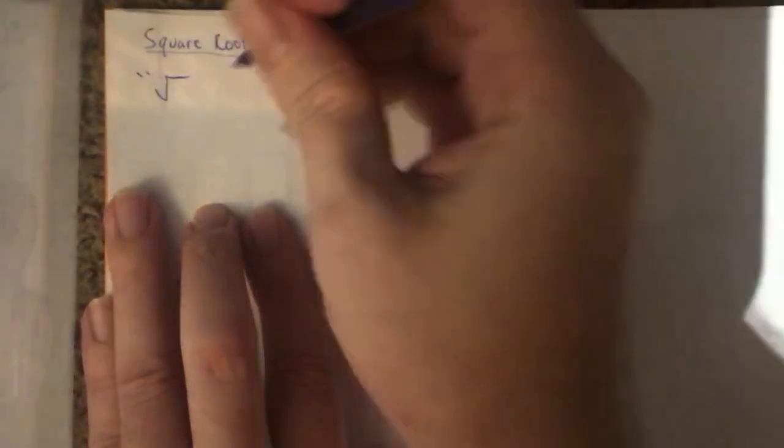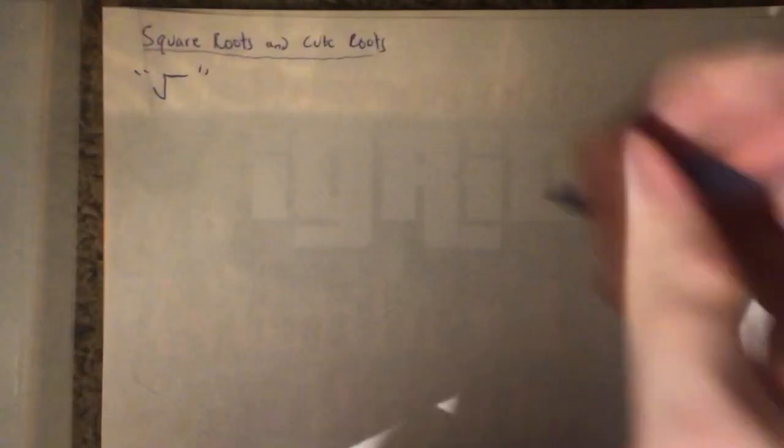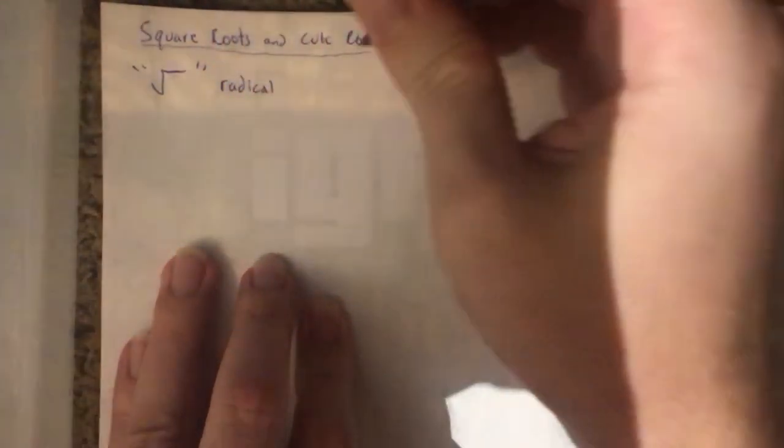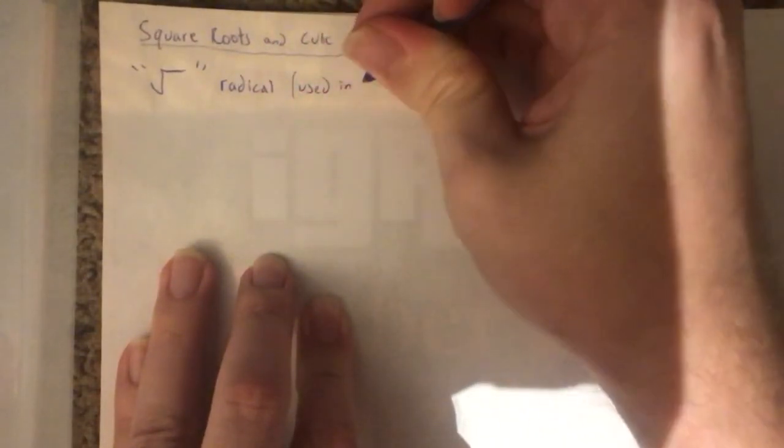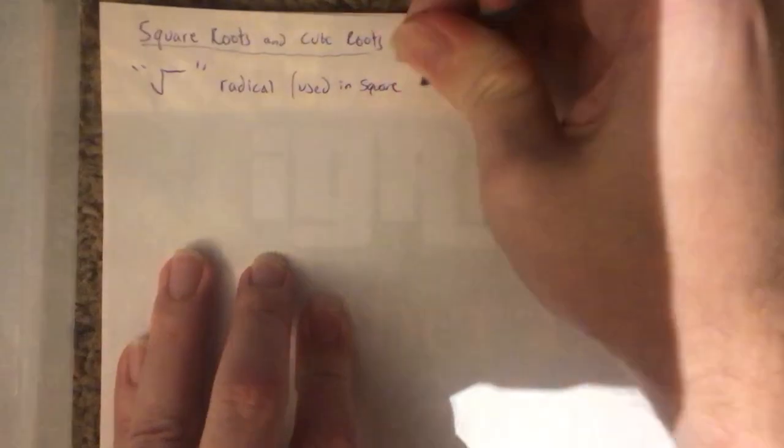So the first thing with square roots and cube roots is when you do it, you're going to see this weird looking symbol. It looks like a check mark with a little line above. This is called a radical. It's used in square roots and cube roots.